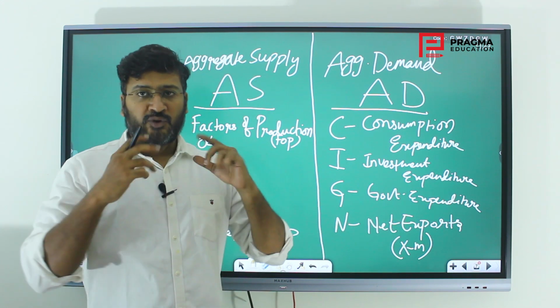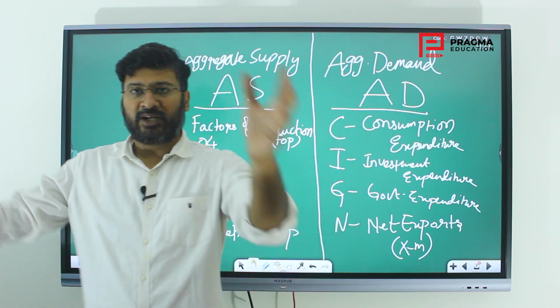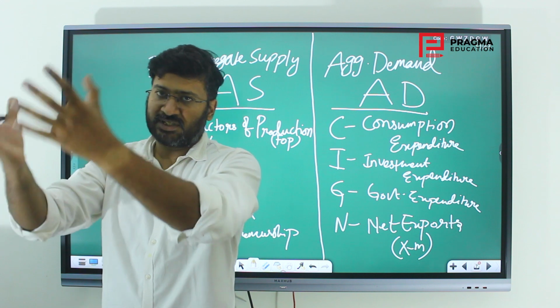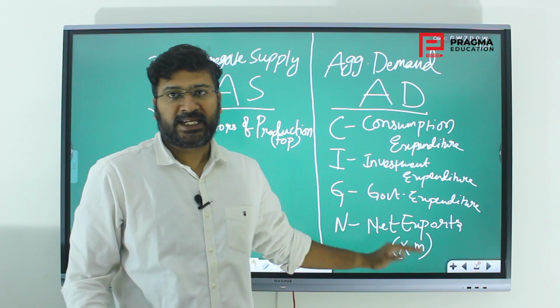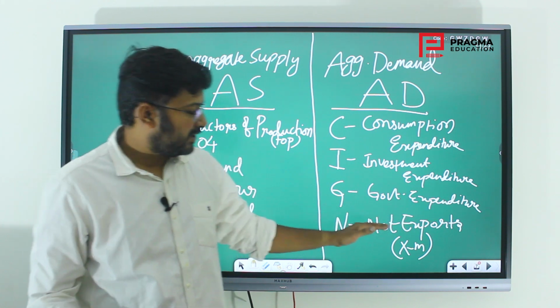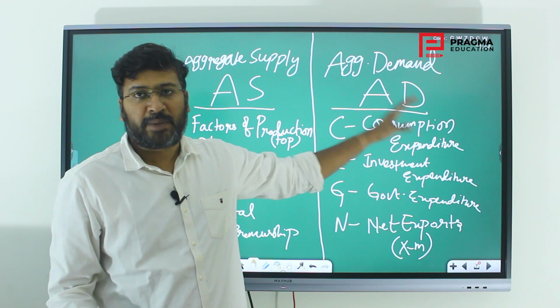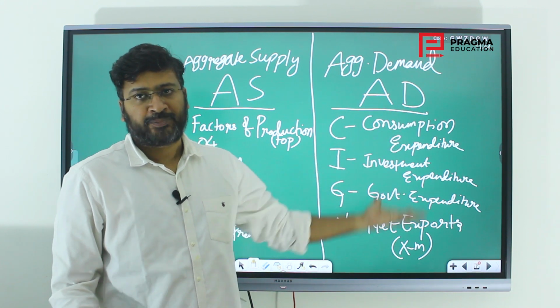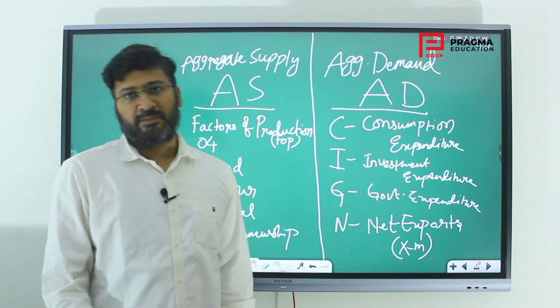That means if you are producing more goods and services and selling them to other countries than what you are collectively buying from other countries, that is net exports. It is seen as demand, because if net exports is positive, it means more money is spent. It means the demand is rising. These are the factors that affect the aggregate demand.